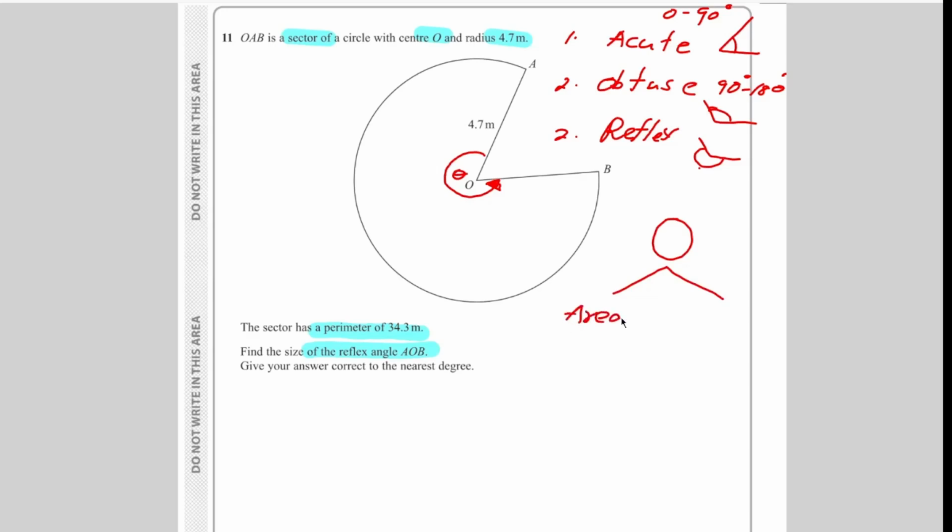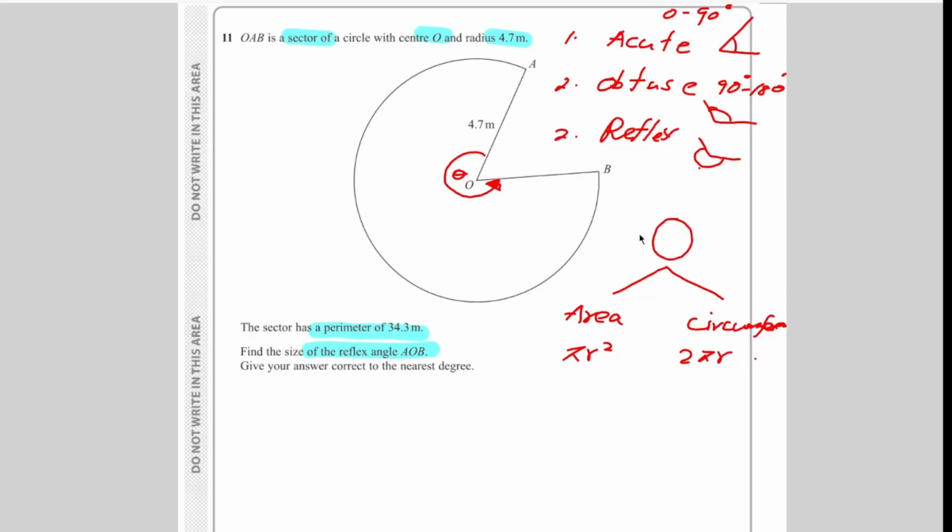You should memorize this formula: area equals pi r squared. What's the circumference? Circumference equals 2 pi r. So please memorize these two formulas, pi r squared and 2 pi r.